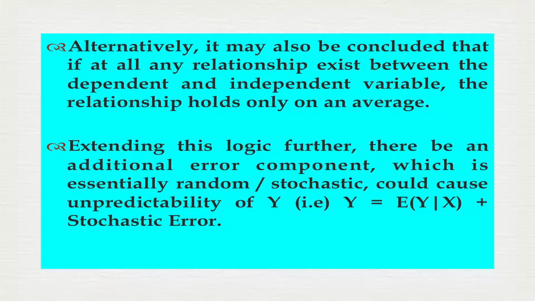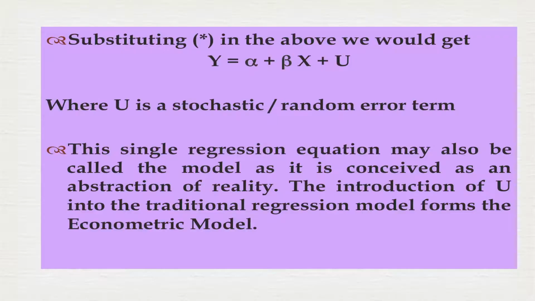That is, y is equal to the expectation or conditional expectation of y given x plus stochastic error. Substituting this in the above, we would get y = alpha + beta x + u, where u is a stochastic or random error. This single regression equation may also be called the model, as it is conceived as an abstraction of reality.